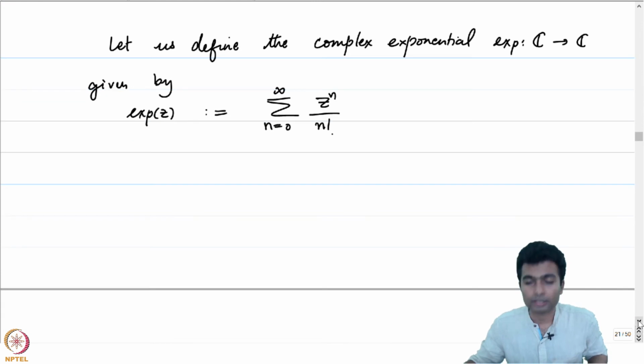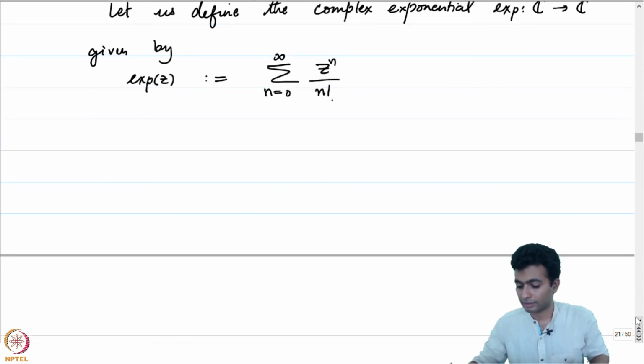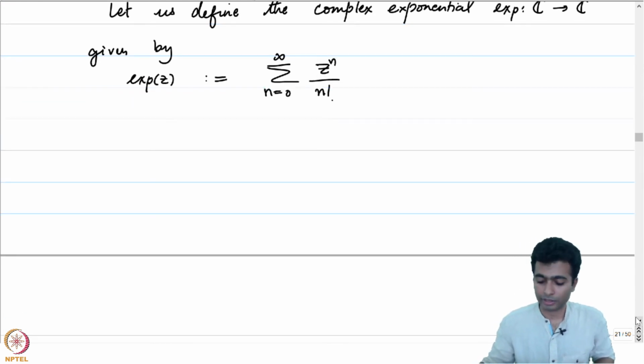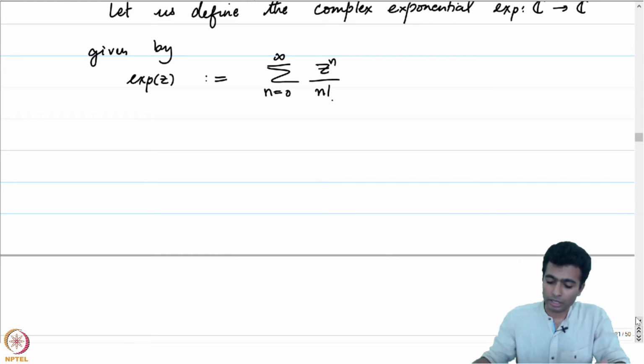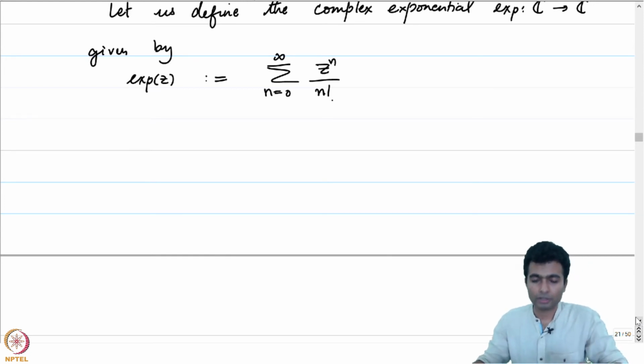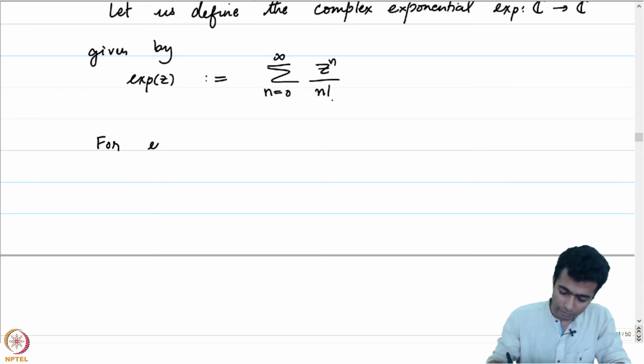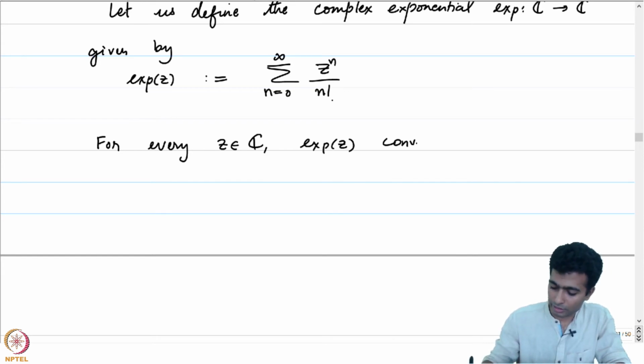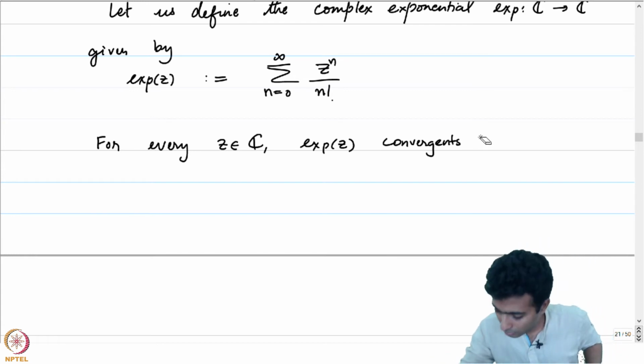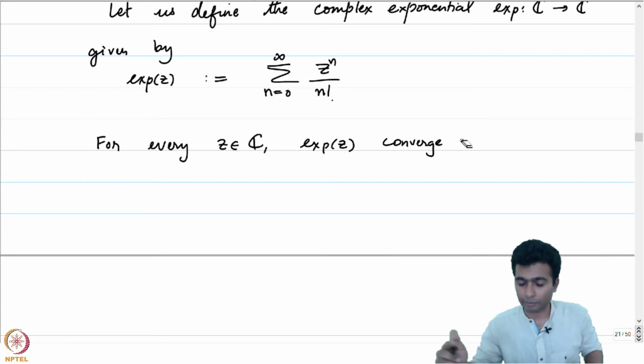The fact that the series x to the power n by n factorial converges absolutely tells us that for every z in C, this series converges absolutely. That's something which we get for free from the theory developed on the real line.